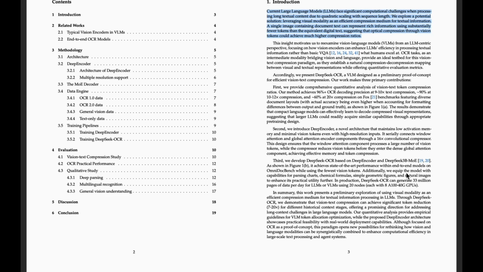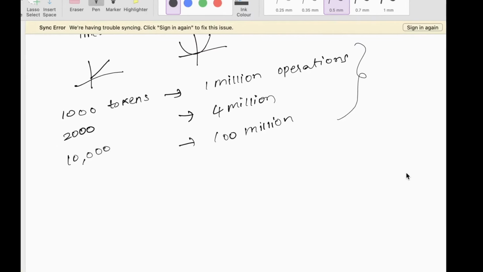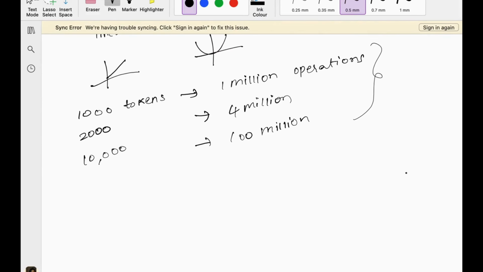So the DeepSeek team asked themselves a very simple question: why are we feeding text to vision language models as text? Think about it, if I show you a page from a book consisting of text, which is 1,000 tokens, as an image it can be only 100 vision tokens. Let me try to explain it here.